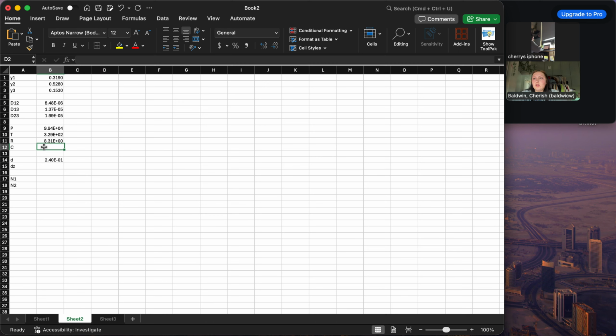So first, let's calculate concentration, which is pressure divided by R times T. All right, and then dz, which is going to be equal to our length of a tube divided by 1,000.